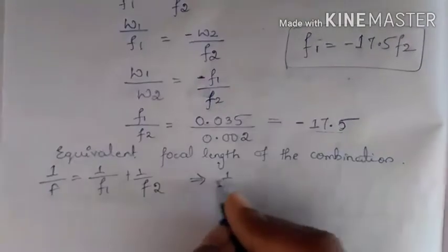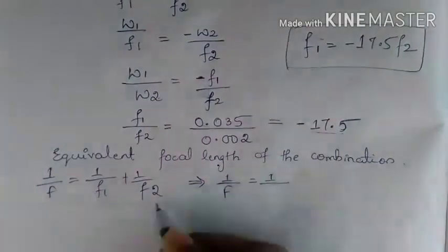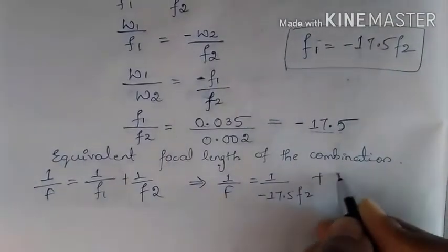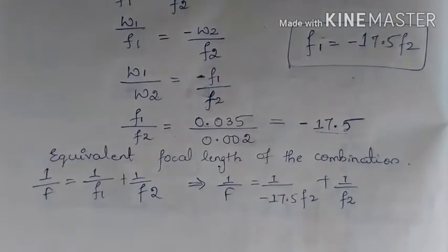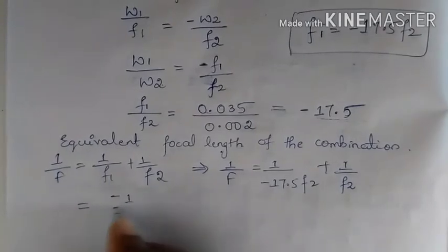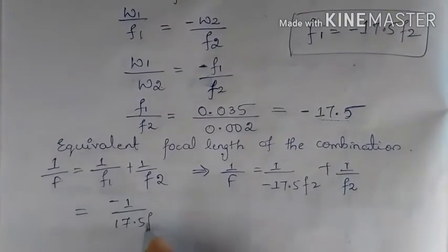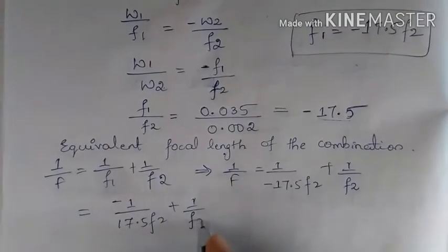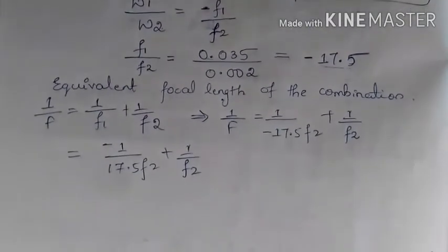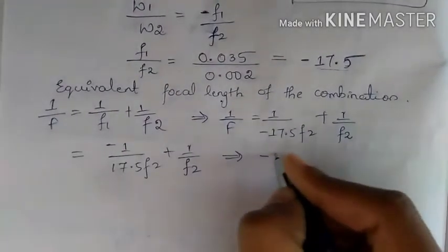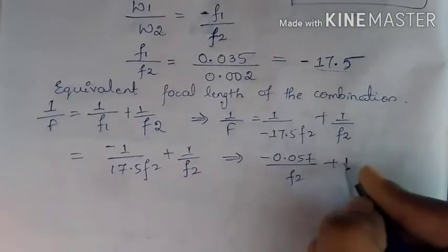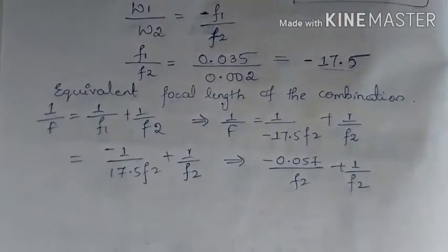Substitute the values here. 1 by f is equal to 1 by f1, which is minus 1 by 17.5 f2, plus 1 by f2. So 1 by 17.5 is minus 0.057 divided by f2, plus 1 by f2. Here the denominators are the same.